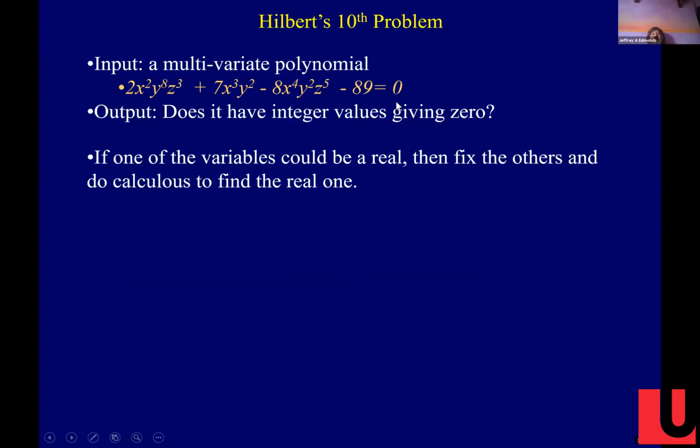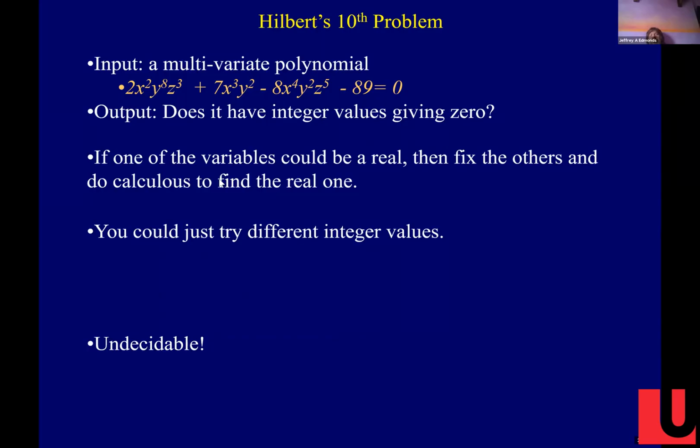I used to have a book that gave a proof of this, but some graduate student borrowed it and never gave it back. So I got an electronic copy from the author. This says if the variable is real, then you could use calculus, but if the inputs are integers, then it's undecidable.